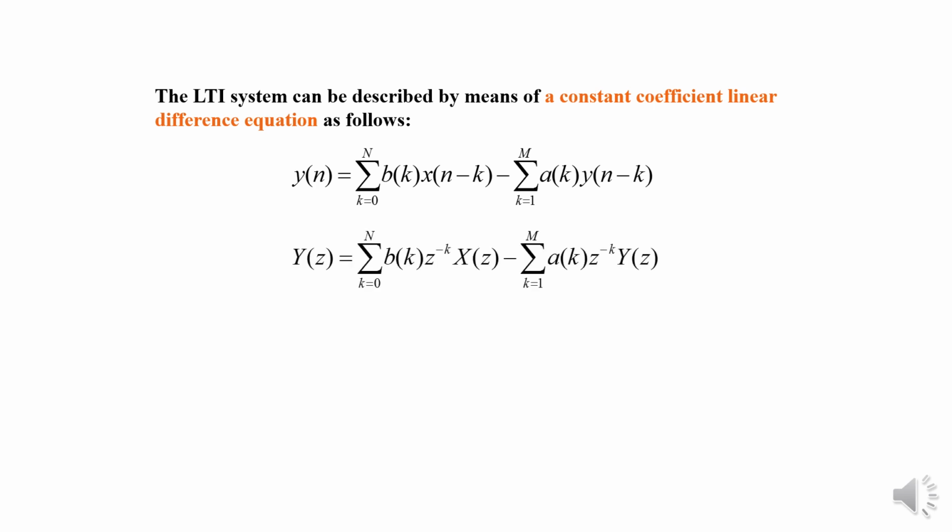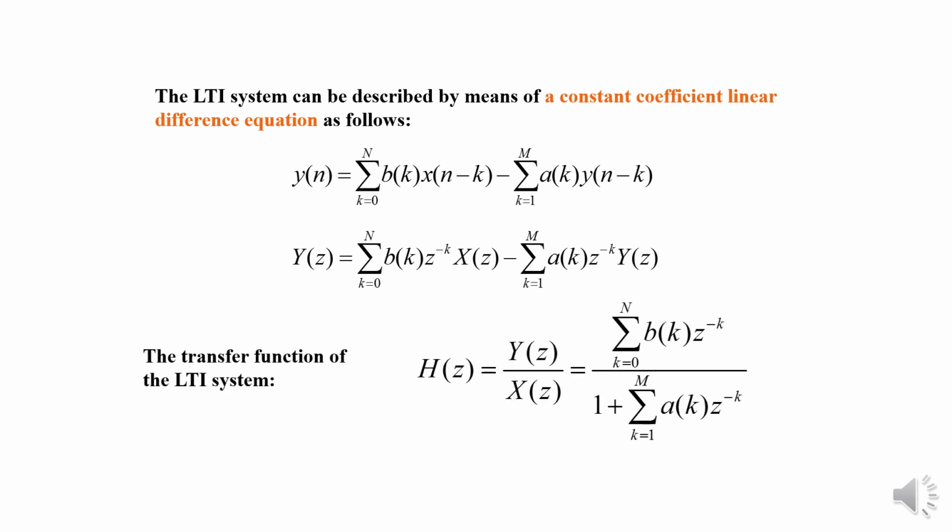Then if we convert this one to the z domain, you will get something like this. So what we can do in here, after getting Y(z), like previously, is take the Y(z) terms to one side and the X(z) terms to the other side, then divide Y(z) by X(z), and you will get this H(z), right?